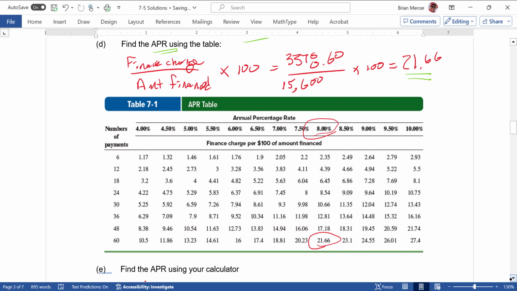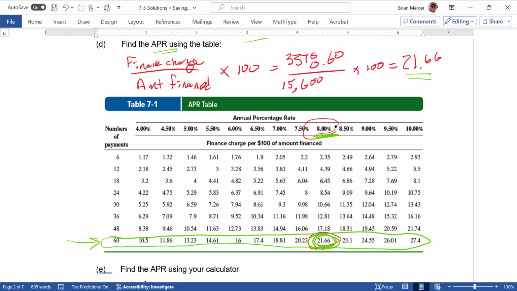And sometimes you can find it exactly. Sometimes it'll just be as close as you can. So you find that in the table in the row for 60 months. So we were only looking in this row because we were told that we were making 60 payments. And so we go over, find that, and then look up, and you get 8%.